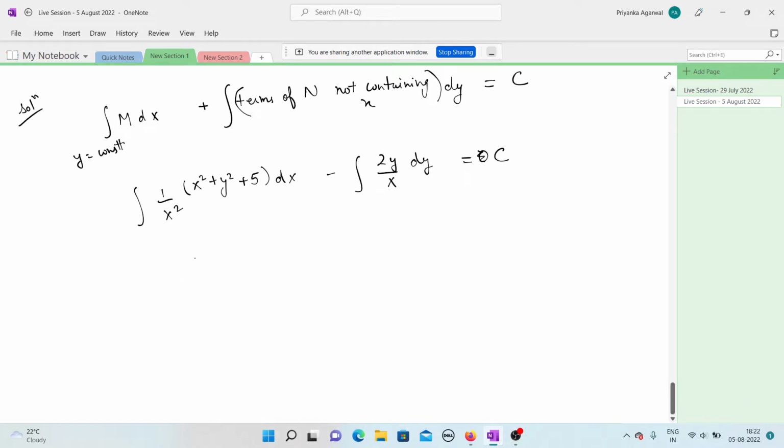So this will be some 1 plus y square over x square. So you can club these two terms.